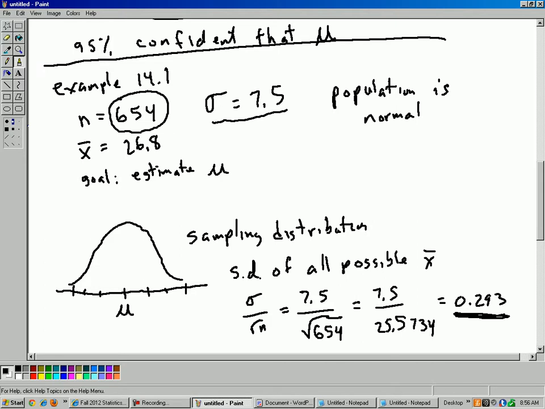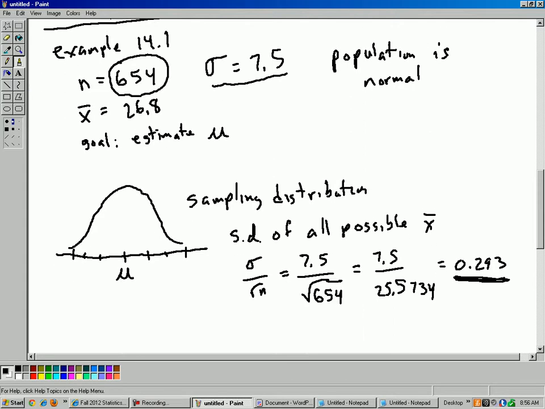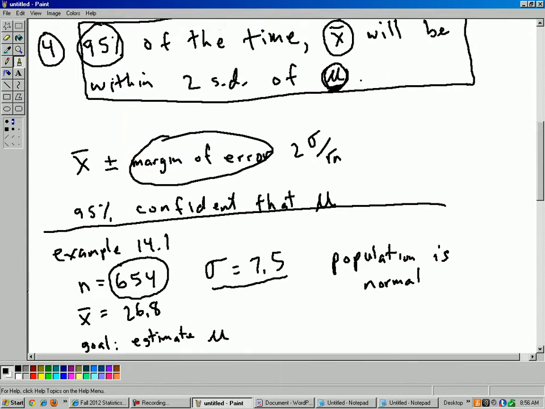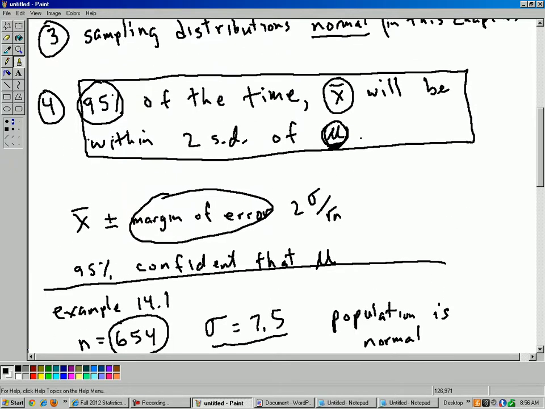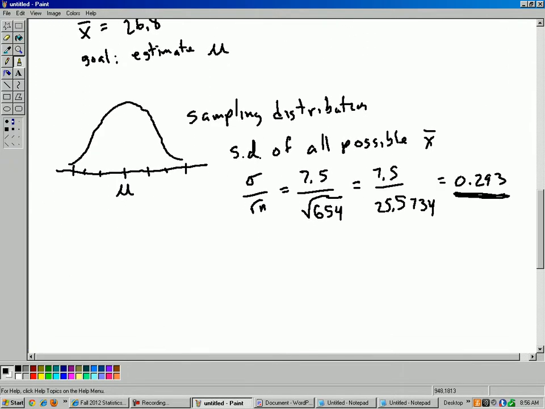So now we can use the fact that, because our population is normal, our sampling distribution is normal, so we can make the statement that 95% of the time our x bar will be within two standard deviations of the real population mean, which we don't know, but we're trying to estimate. And so let's take this 0.293. In the textbook, they just round that to 0.3, so I'm going to go ahead and just round it to 0.3 as well here. So it's approximately 0.3.